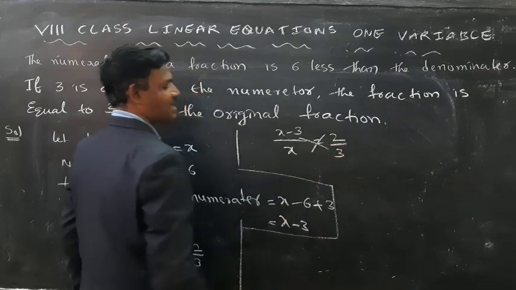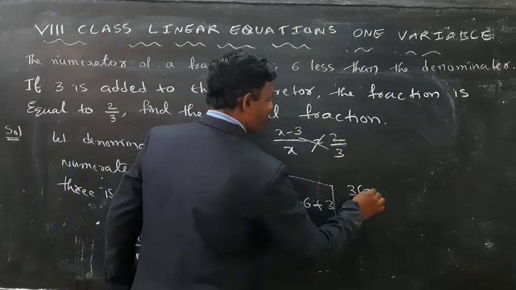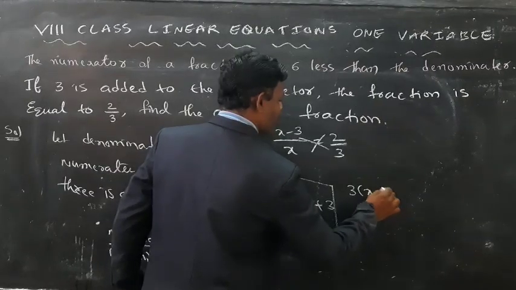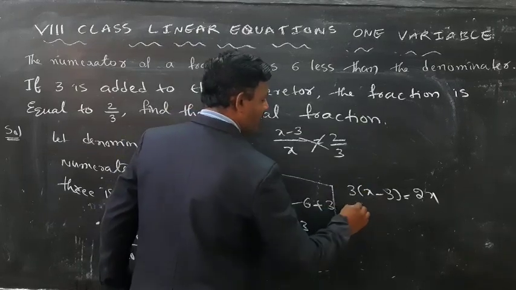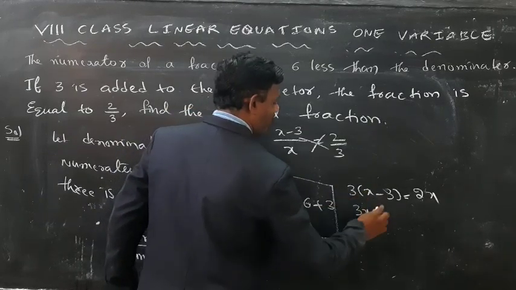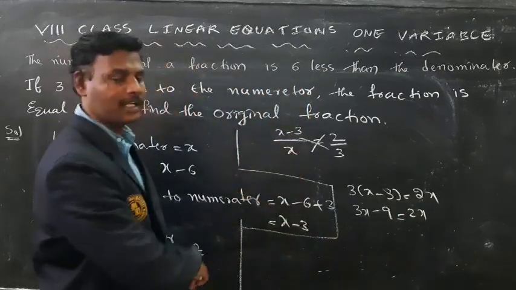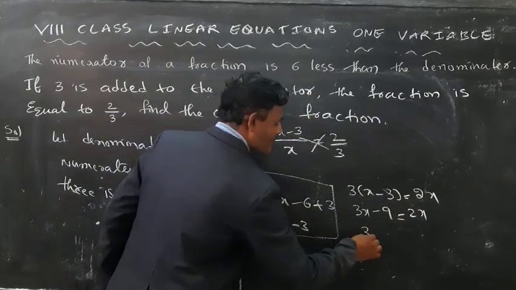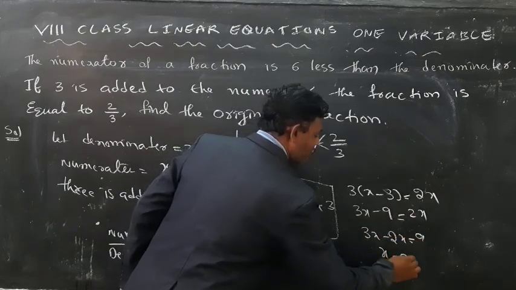Here I am doing cross multiplication. So by the cross multiplication, what will we get here? 3 into x minus 3 is equal to 2x. 3 into x, 3x, minus 3 into 3 is 9, is equal to 2x. Taking like terms on one side, 3x minus 2x is equal to 9. Then x is equal to 9.